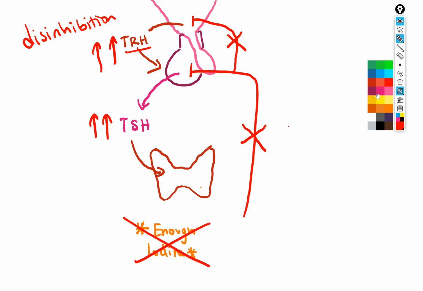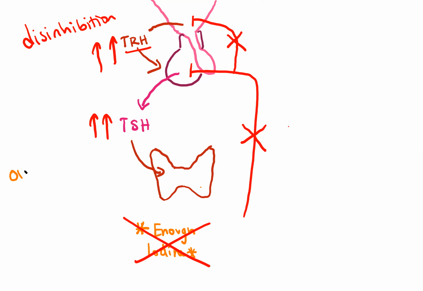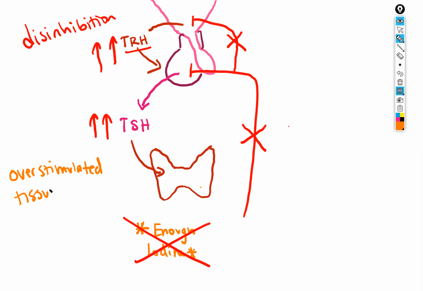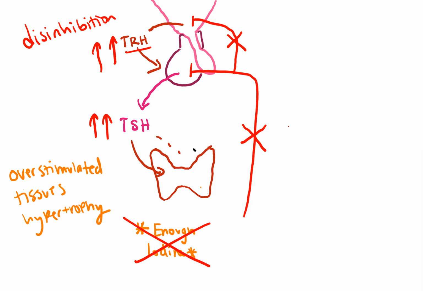So what happens is overstimulated tissues hypertrophy. So what the thyroid is saying essentially is, okay, I'm trying to make thyroid hormone. I'm doing my best.